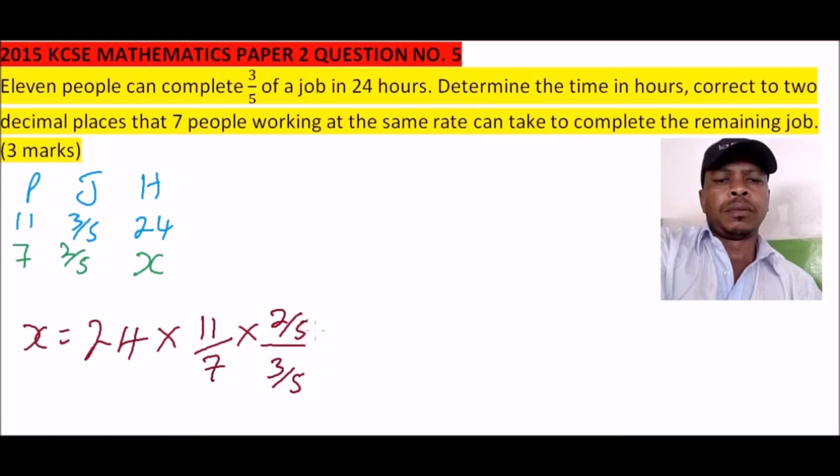So let us first of all deal with this. We say it is 2 over 5 multiplied by 5 over 3. 5 divided by 5, you get 1.